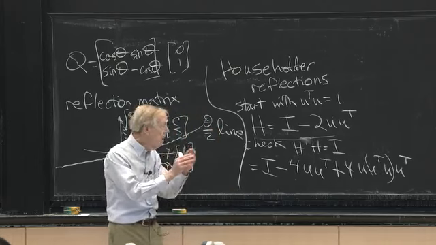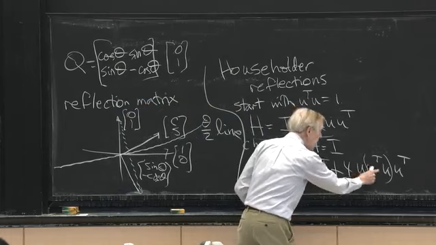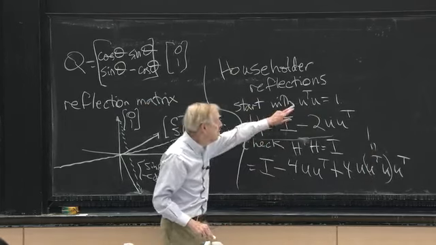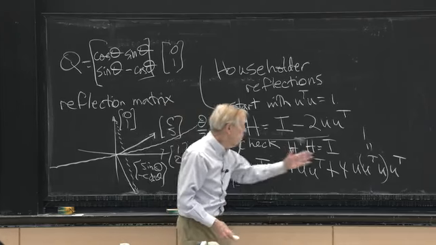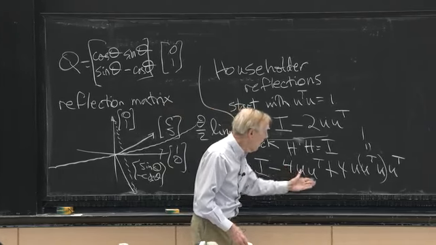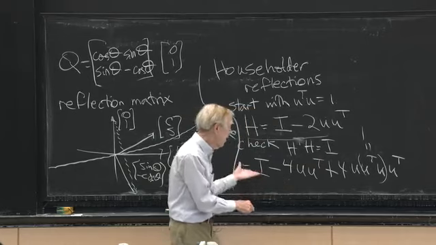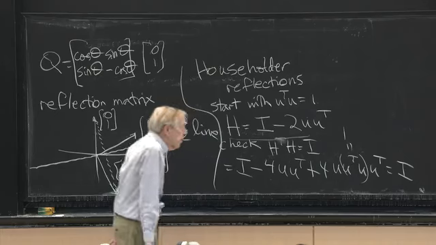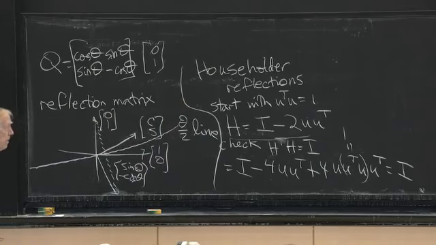And in the middle here is row times column, and that's the number 1, right? Because it's a unit vector. So that's 1, and then I have minus 4 of that, plus 4 of that. They cancel each other, and I get I. So those are good matrices.